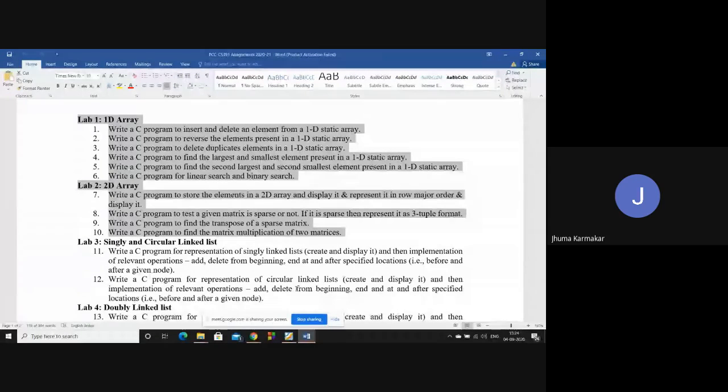Now within these nine elements, suppose it contains 3 non-zero entries. We have to represent only the non-zero elements, and that is the 3-tuple format.